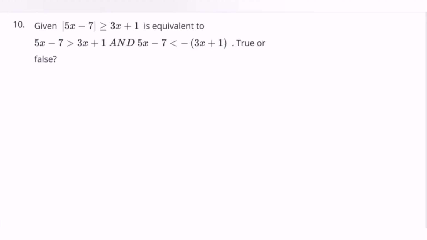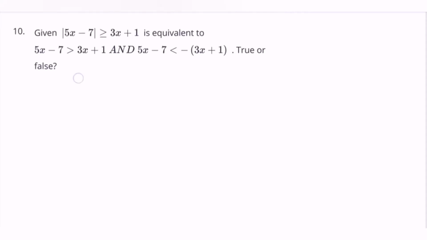Next, referring to question number 10. Given the modulus 5x minus 7 greater than or equal to 3x plus 1, is it equivalent to the definition 5x minus 7 greater than 3x plus 1 and 5x minus 7 less than negative bracket 3x plus 1? Is the situation true or false?